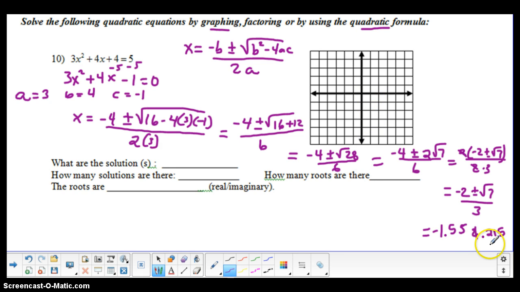But if you do that, sometimes the answer will be represented in radical form. So you need to realize that if you see all of the answers in radical form, you want to do the arithmetic in the calculator of negative 2 plus square root 7 divided by 3, and that would be 0.215, and negative 2 minus the square root of 7 divided by 3, and that would be negative 1.55.